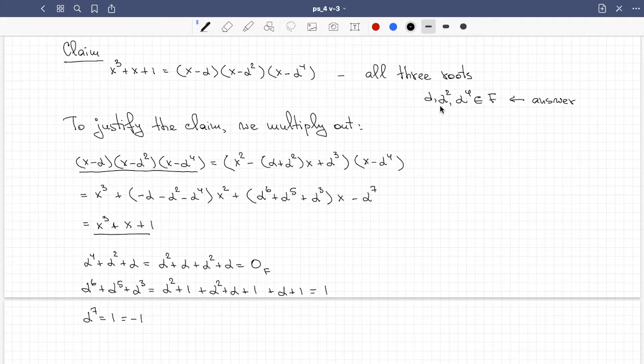I just did not use any explicit description of this field F as a set of equivalence classes of polynomials with correspondingly defined operations. I did it without all that, just supported this factorization.